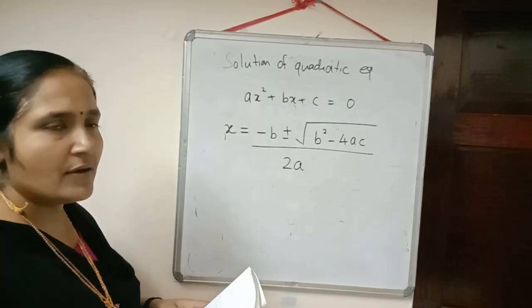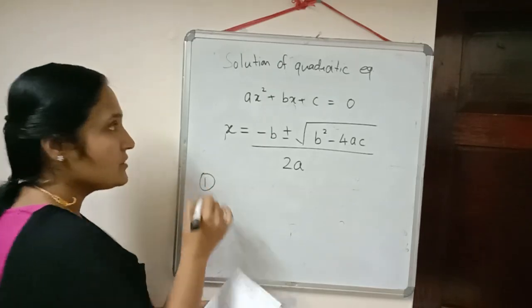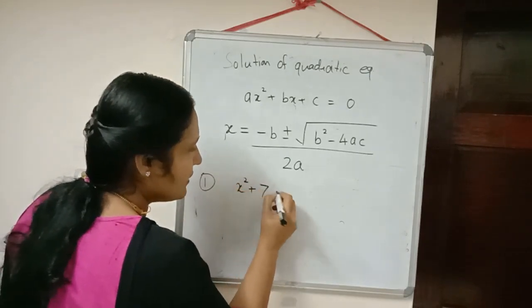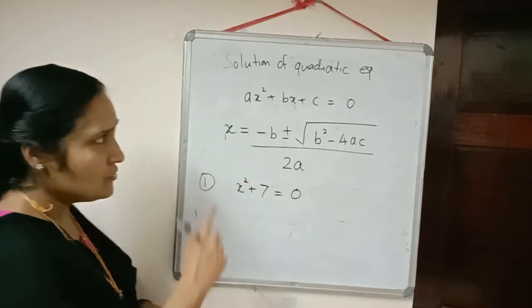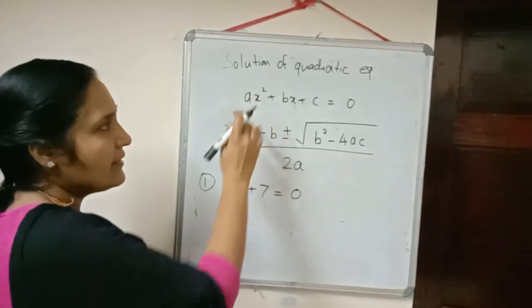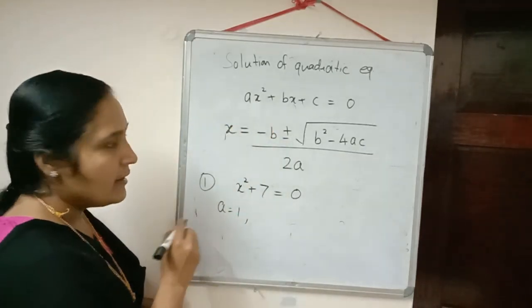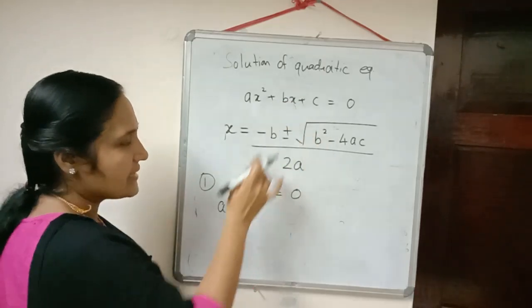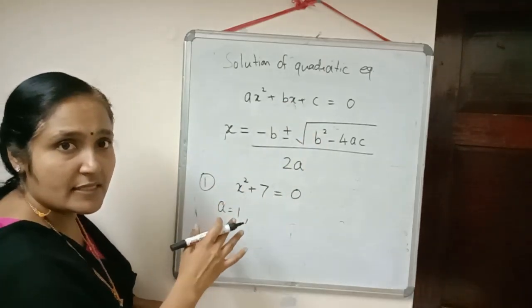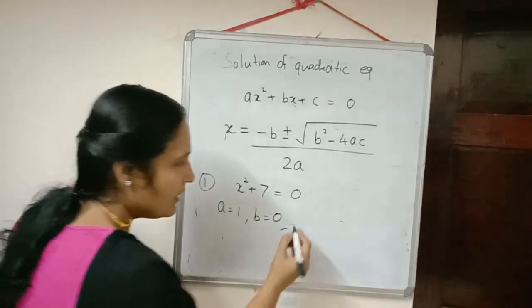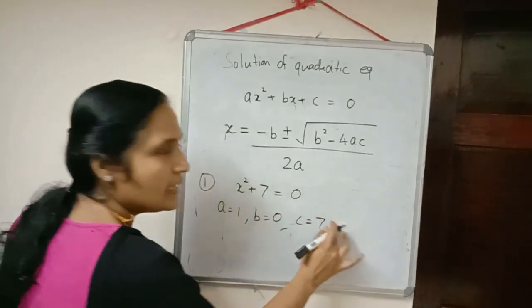So shall we start? Now all of you write down the first question: x square plus 7 is equal to 0. If you compare with the standard form, what is a here? a is equal to 1. For b, the coefficient of x, we don't have any term which contains x, so b is equal to 0 and c is equal to 7.